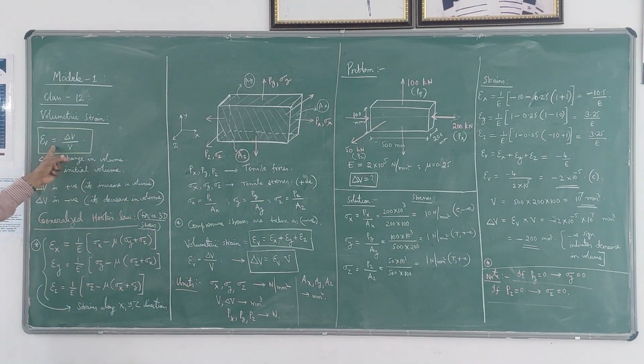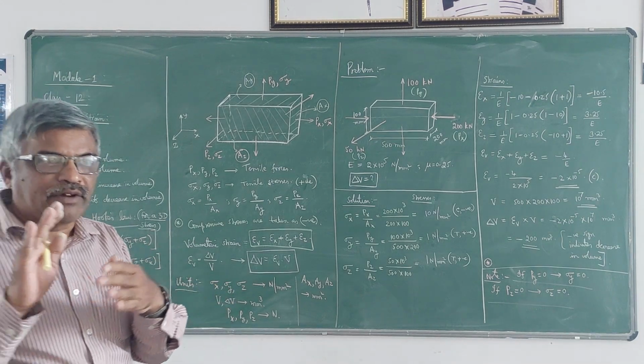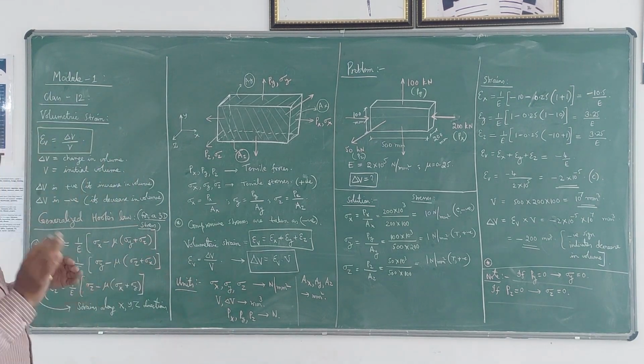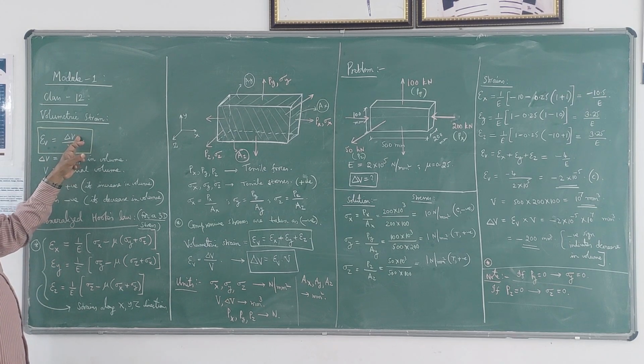So volumetric strain is defined as the ratio of change in volume to initial volume. Just like a linear strain or lateral strain, change in the dimension divided by original dimension gives the value of strain. Similarly, if any volume change takes place, then the ratio of that change in volume to initial volume is nothing but your volumetric strain.